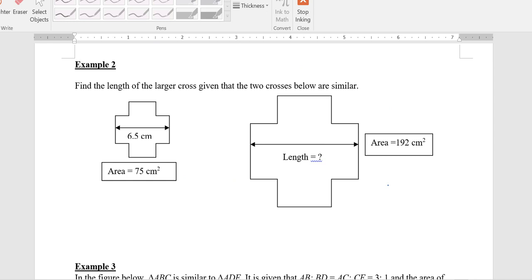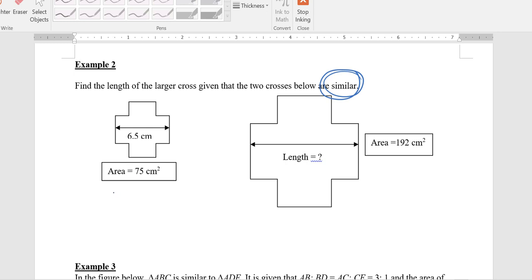Find the length of the larger cross given that the two shapes are similar. So again, we are given the condition that they are similar, so I can apply the similar area ratio formula onto this question. To find the larger length, we are given both the areas.